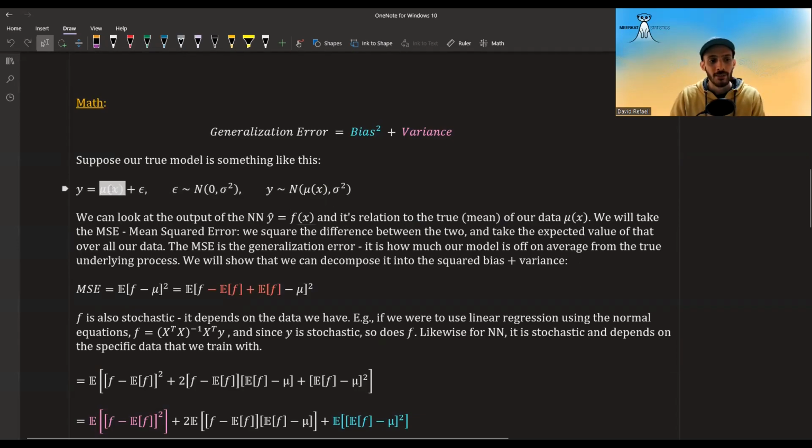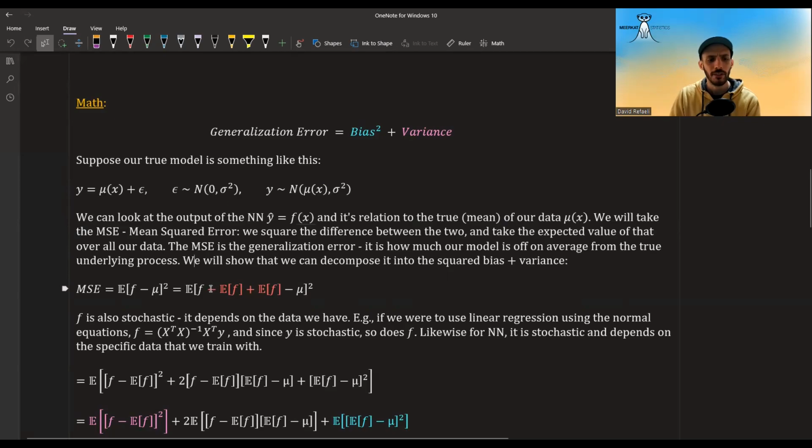Now we try to estimate this value, the true mean, using a neural network, which we denote by f. If we look at the MSE, the mean squared error, between our neural network f and the true mean mu, we square the error and take the mean of it. We will now show that this is equal to the bias squared plus the variance.